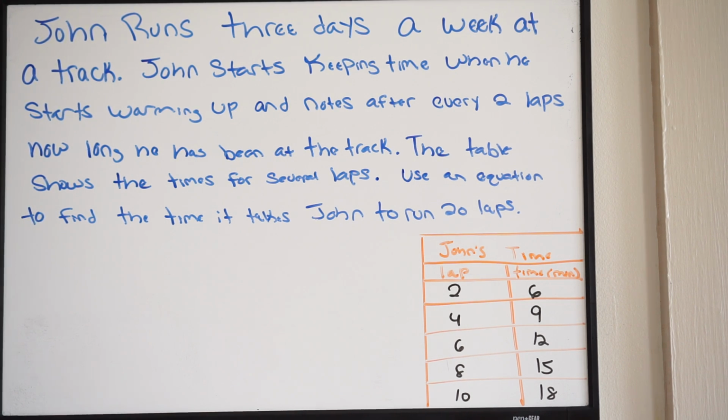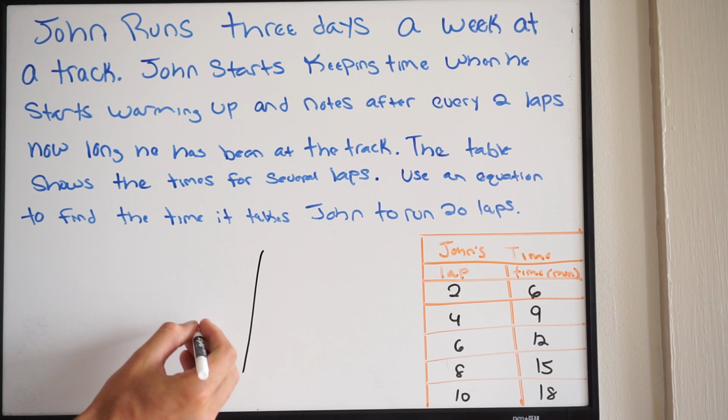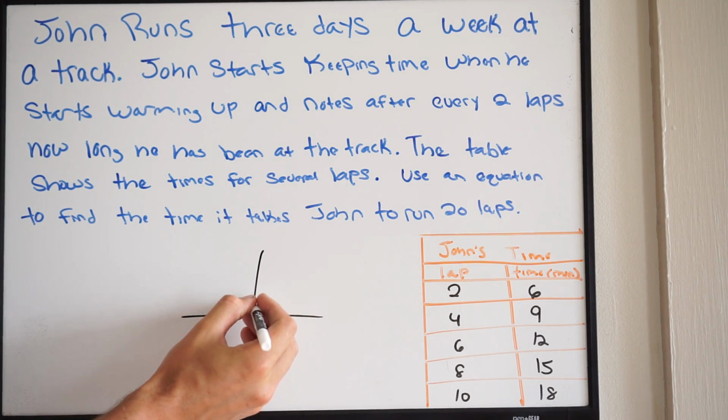Looking at this, we know a couple things. This is actually going all the way back to Algebra 1, where you learned about slope-intercept form and point-slope form. Looking at this table of values, we know that this is going to be a linear line. If you graph it, we're going to have something like this.